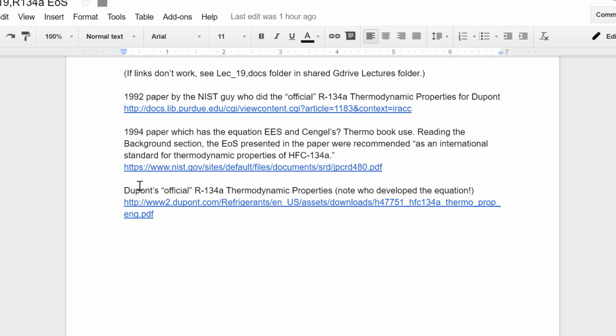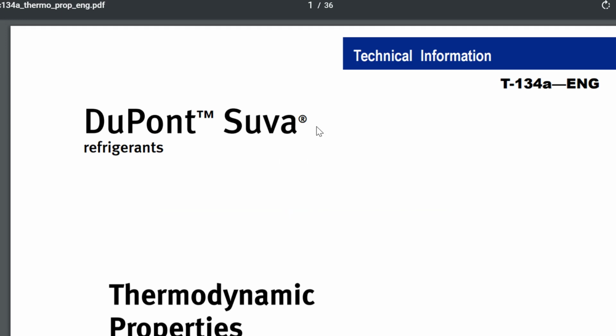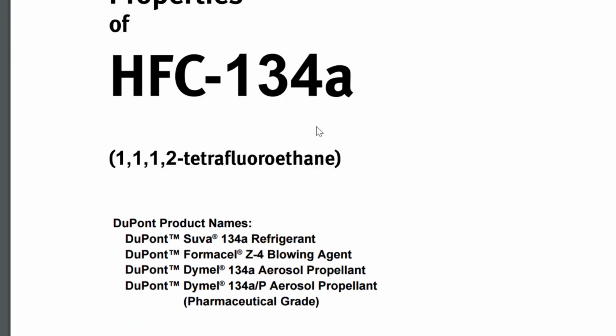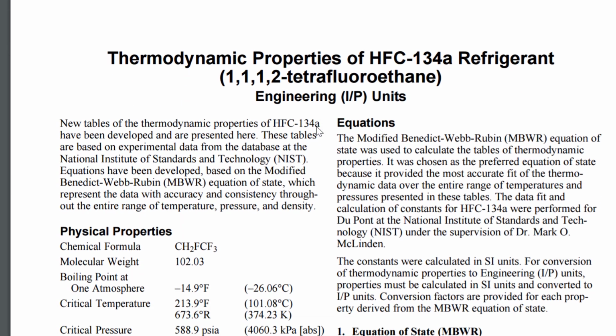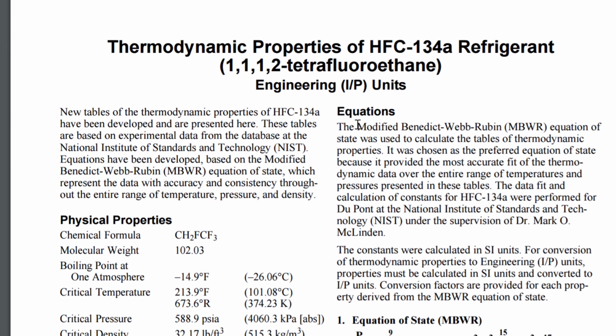Finally, here's DuPont. DuPont's the one that actually makes the R134A, and here's their paper on it. Here's the first couple pages, and I'm going to scroll down and show you something. On page 3, check this out. Equations: the modified Benedict-Webb-Rubin equation of state was used to calculate the tables of thermodynamic properties.